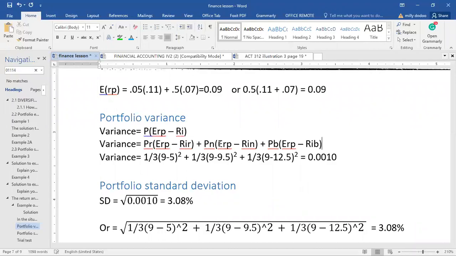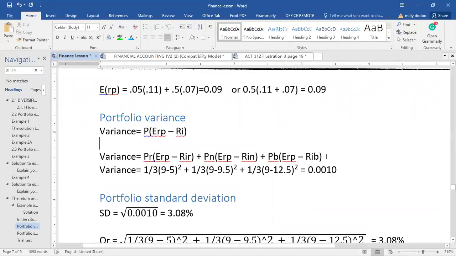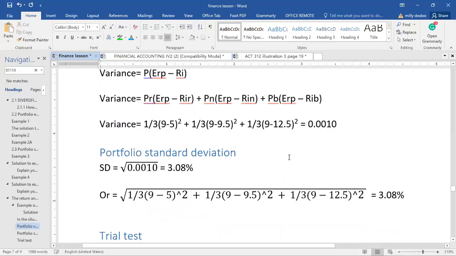So this is how I'll write my formula to solve this particular illustration.